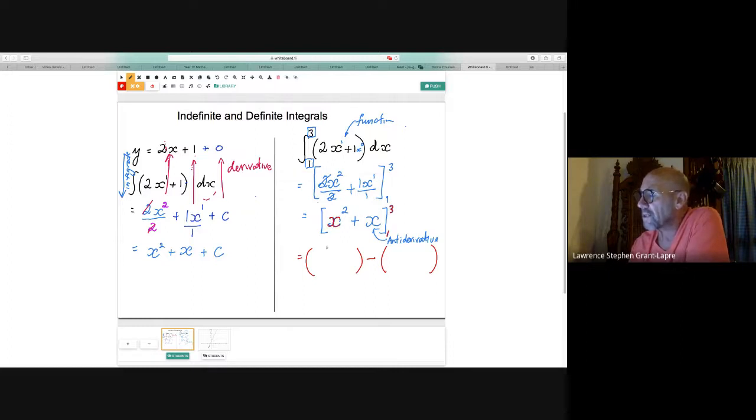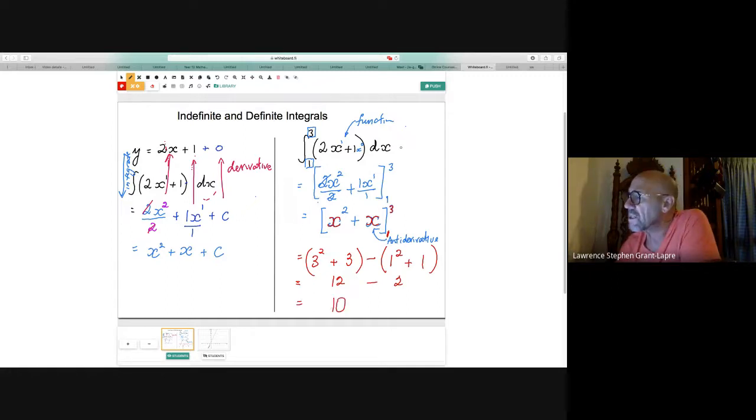So that is 3 squared plus 3. Okay, now the second bracket, we put the 1, the lower number here, and replace x with 1. So that's 1 squared plus 1. This will give us 9, 10, 11, 12, take away 2, and our definite integral equals 10.